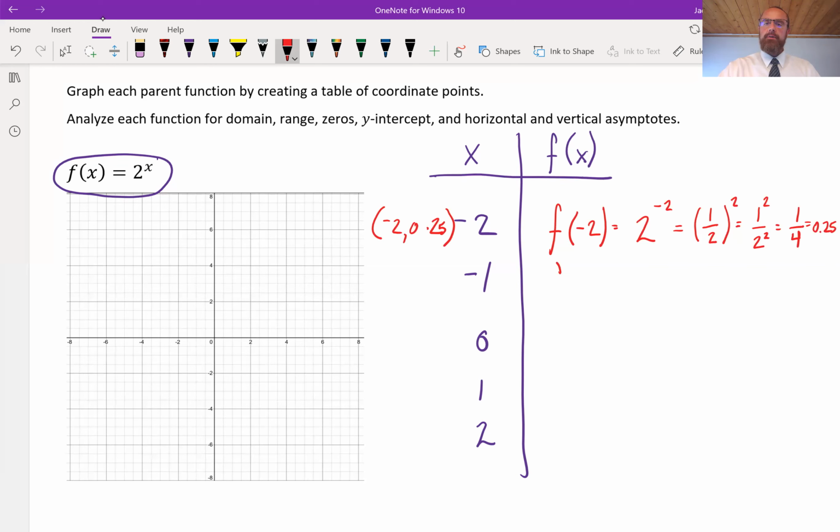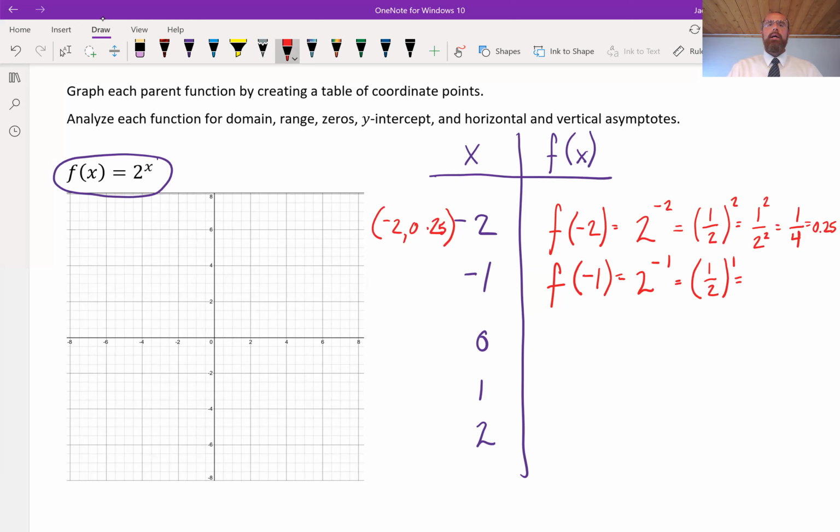Let's finish evaluating these f of x values. Our next number is f at -1. So at this point, we have a feeling about what to do with that -1. This is now 2 to the power of -1. I've just replaced x with that x value of -1. And again, the negative just flips the 2 over to 1 over 2 to the power of +1.